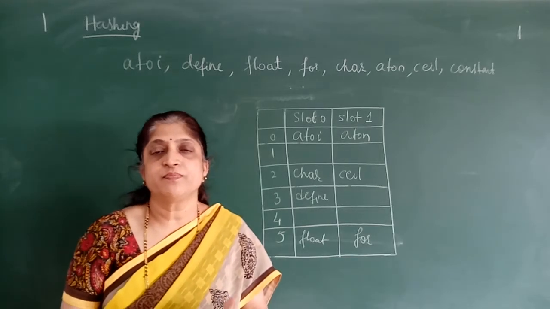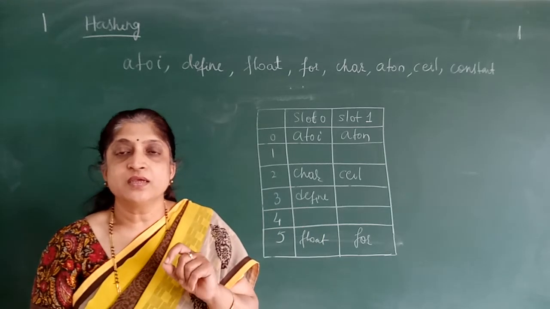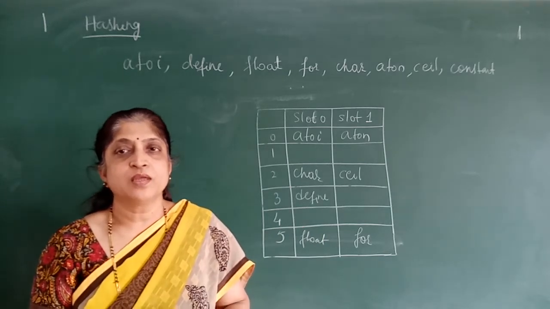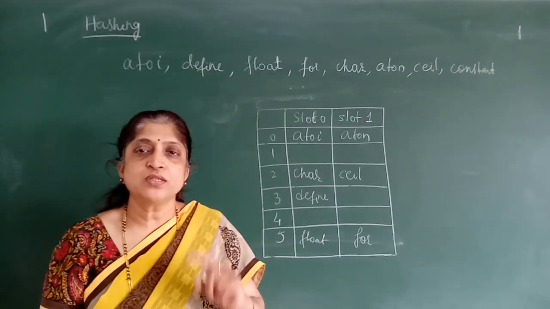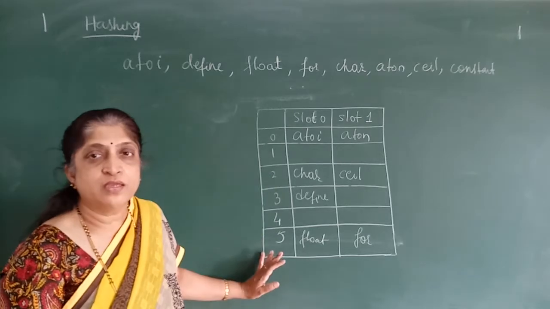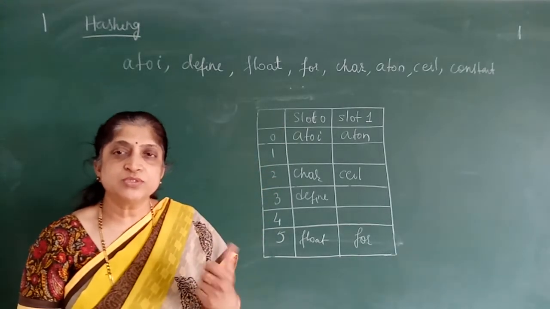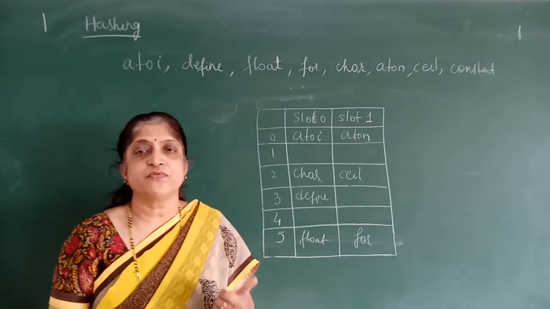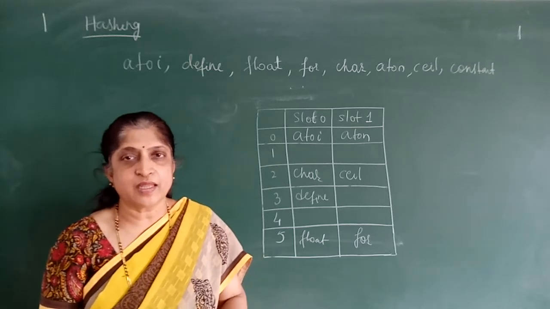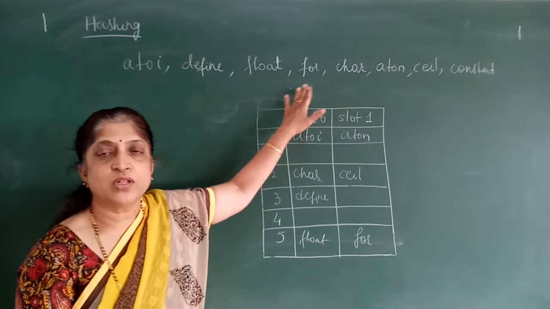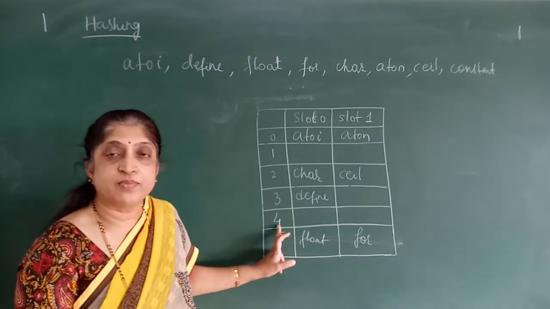Then, one more very important thing that we need to know is that these hash functions should be easy to compute, and these hash functions should generate all the possible key values when we use them on the words we want to insert. So, choosing an appropriate hash function is a very important point in hashing. It shouldn't happen that all the elements we are trying to store get hashed to the same key.